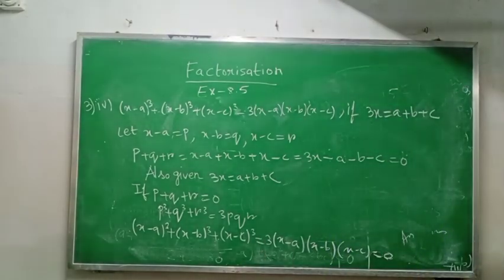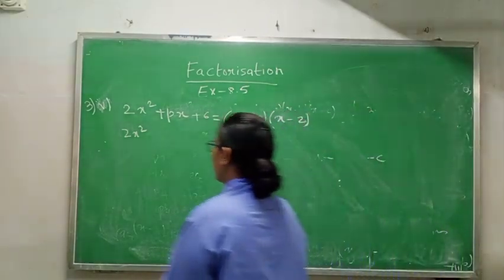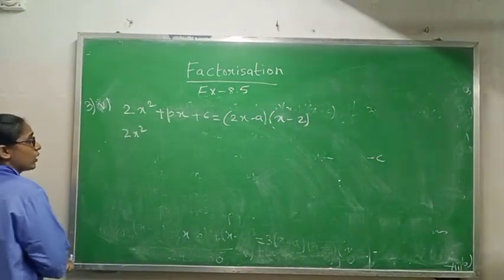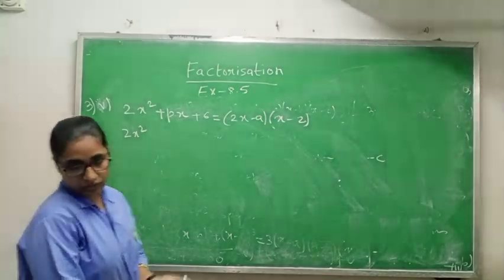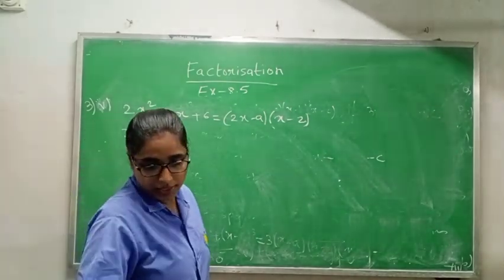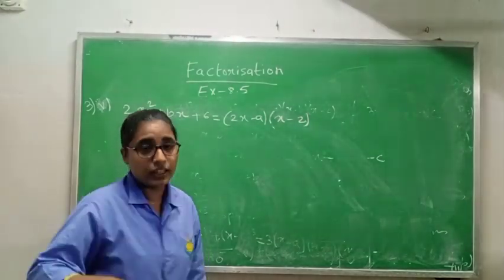Okay, copy this one. Class 9C, question number 3-5. It is written 2x square plus px plus 6 equals (2x minus a)(x minus 2). You have to find the value of p and a. Let us find the value of a and p.